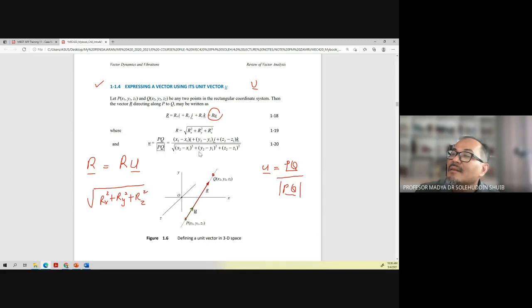If I say the vector QP, so how to subtract if the vector this time is QP? Anybody want to try?